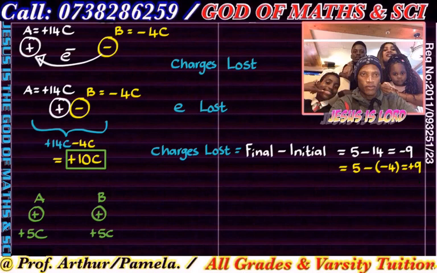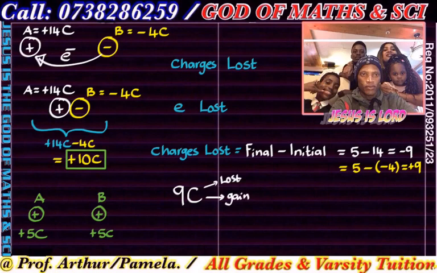Now, if they want to know how many electrons were lost, it's the 9 coulomb that represents the lost or the gained. It's either one, it doesn't matter.